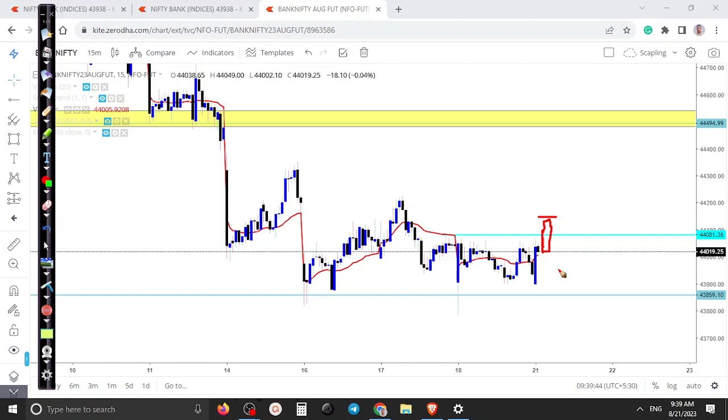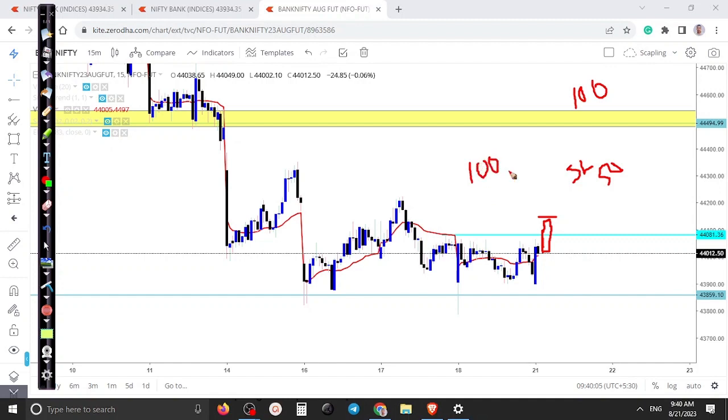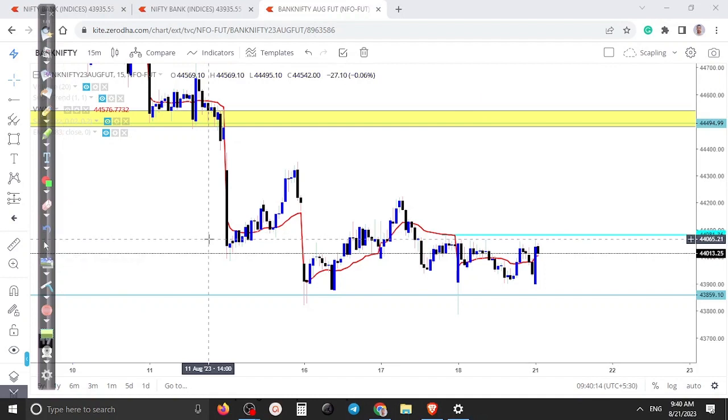Let's say I buy 100 lots when SL is 50 points. If my SL is 100 points because the candle is bigger, then I'll reduce to 50 lots. That is called position sizing and money management. So my loss will be fixed.